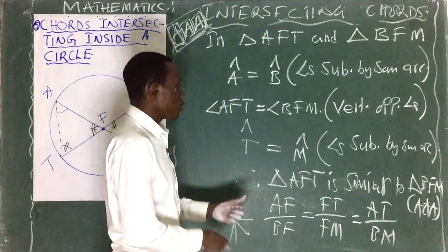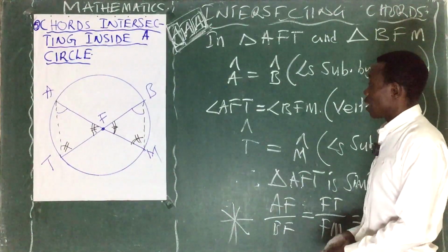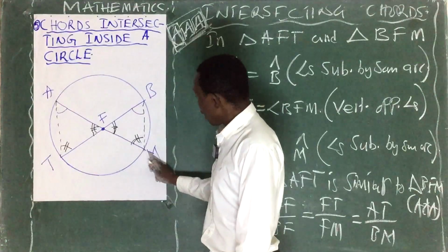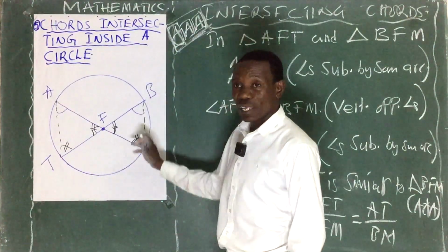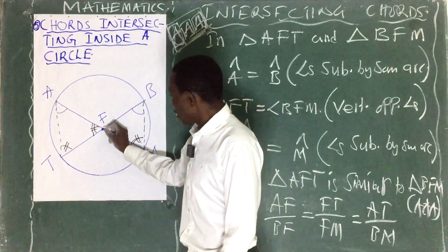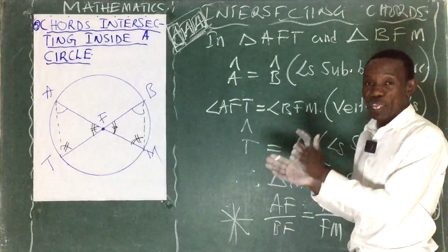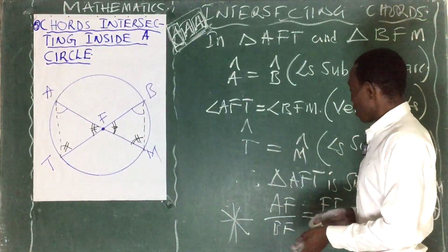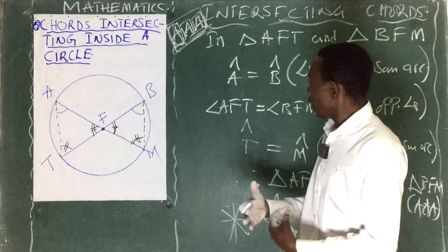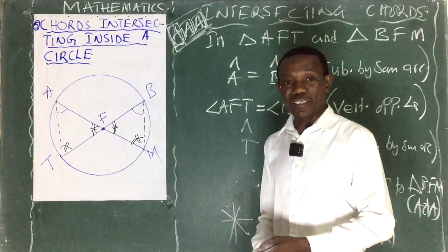This is where we're going to retrieve what we need to know about the intersecting chords inside the circle. Remember, our discussion is simply about chords AM and TB. What is it that we should know? I've just taken you far to know what we need to know by proof, so that tomorrow you can say how come this is so. By the similarity, this is true about the intersecting chords inside the circle.